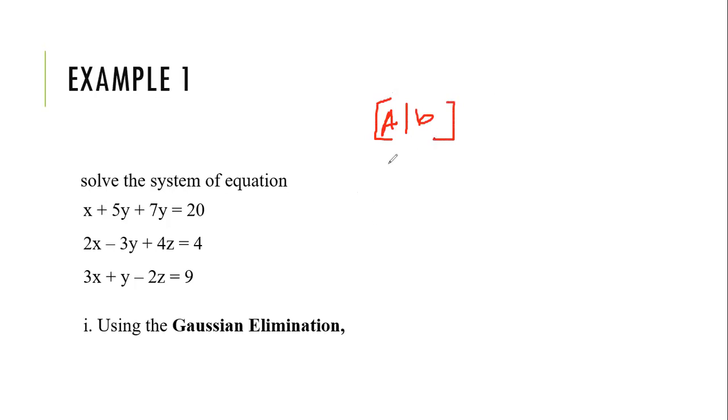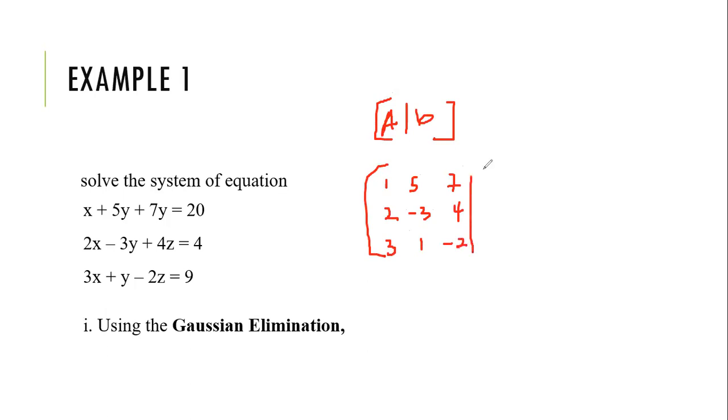Let me just demonstrate here, then afterward we'll look at the solution. That will be 1, 5, 7. Then we have 2, -3, 4. And then we have 3, 1, -2.